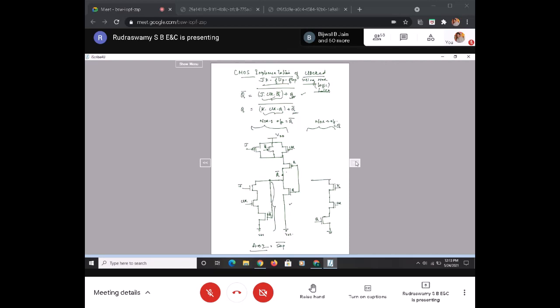ORing means it's a parallel version, so I'll just go with that. This is also grounded. This is basically my Q bar. Yes, and this is Q, and then for the CMOS structure, I have three things in parallel now.